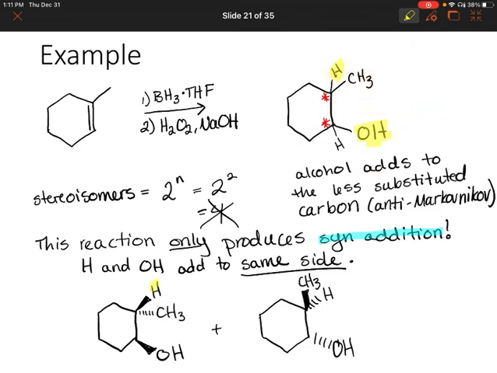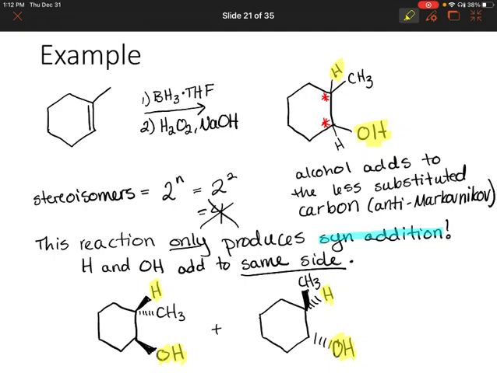And I'll just highlight those there. All right, so we only end up with 2 products for hydroboration oxidation, and those 2 products are the syn addition products. So we do not produce the anti products.